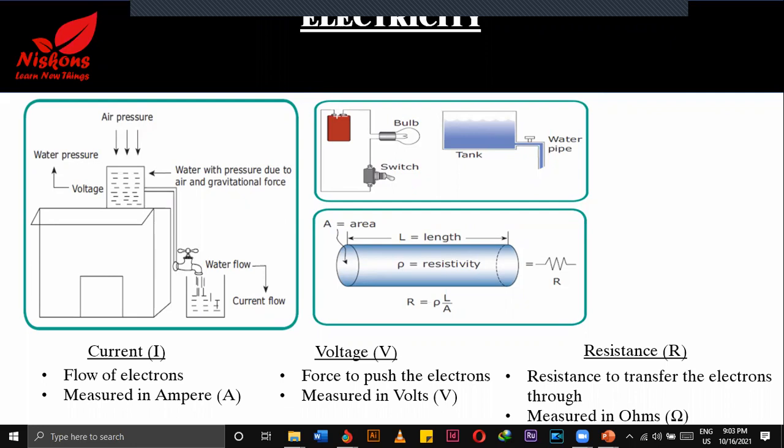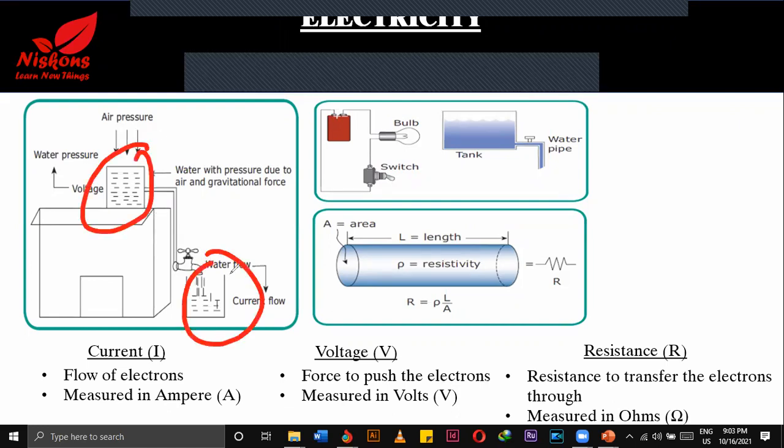That is how the water will flow. Likewise, electricity is like that. Electricity will flow from a higher voltage to a lower voltage.